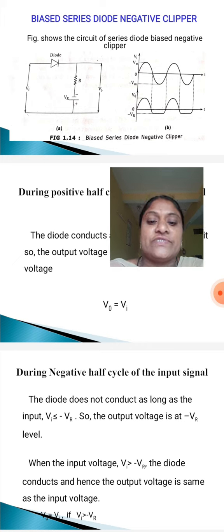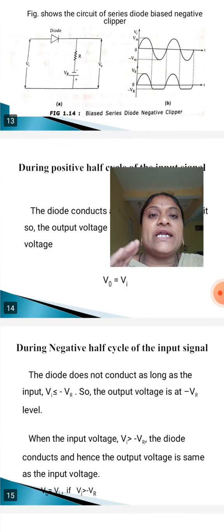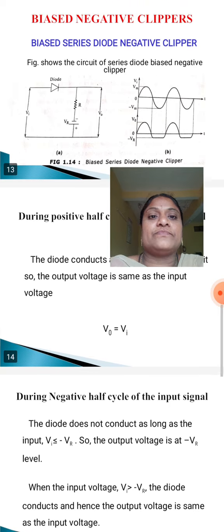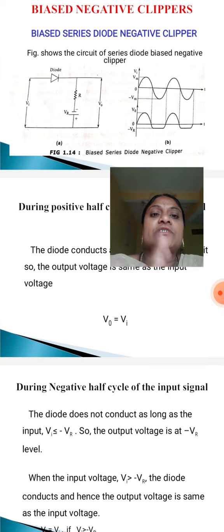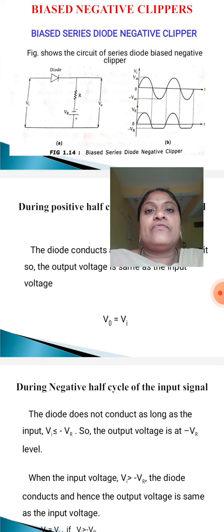Observe this negative half cycle. When the input voltage Vi is greater than minus VR, the diode conducts and hence the output voltage is the same as the input voltage. So the condition is V0 is equal to Vi if Vi is greater than minus VR. Observe the output waveform of the biased series diode negative clipper.